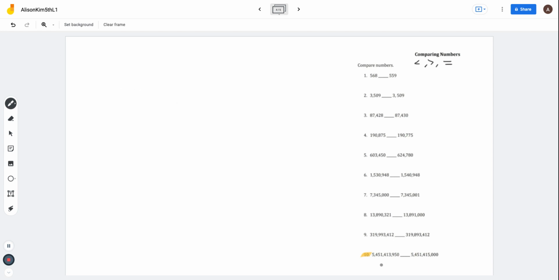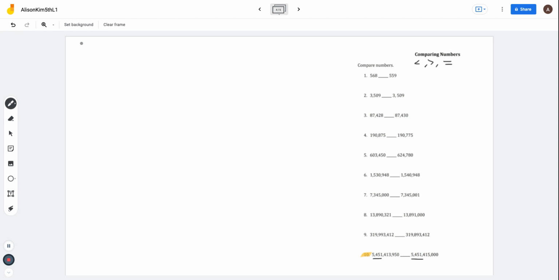Number 10 gives us, oh, that's a big number, 5,451,413,950. And then we get 5,451,415,000, and that's it. So as we can see, I'll write it down, number 10.